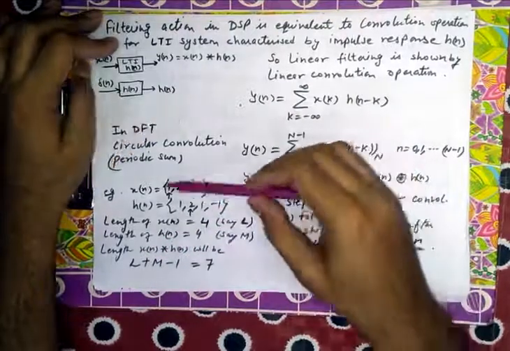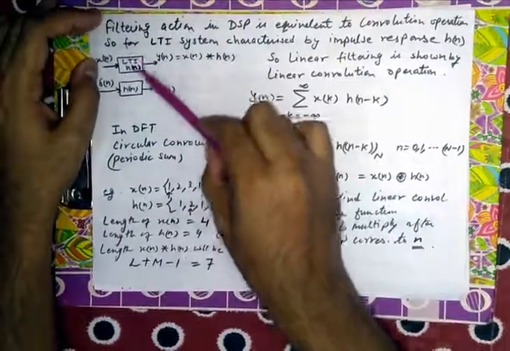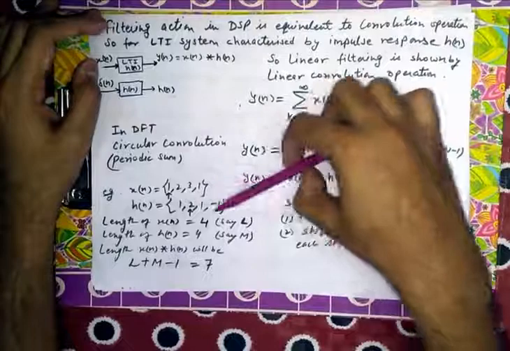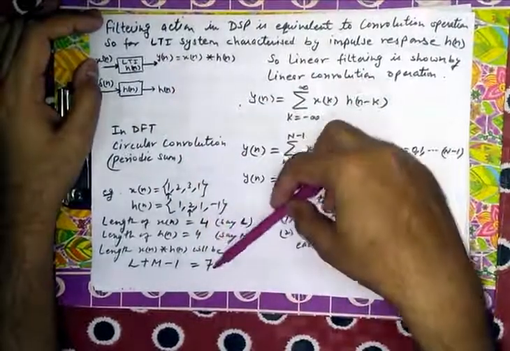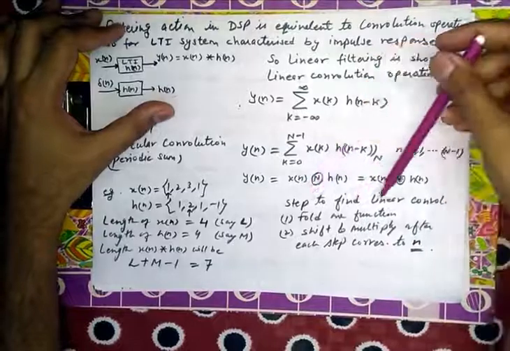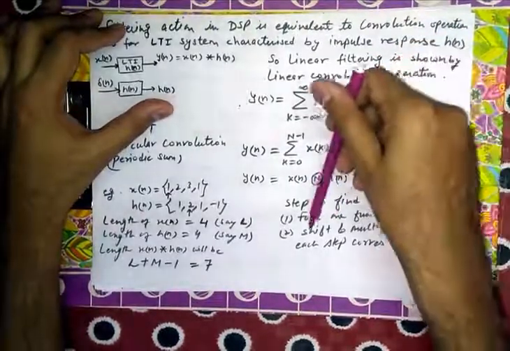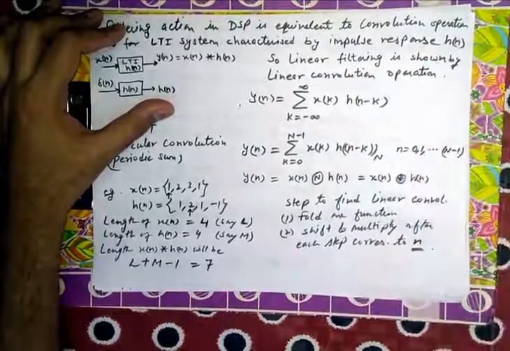When this x sequence passes through the system having this impulse response, the output must have 7 samples. The steps to find linear convolution: first we fold the function, then we shift and multiply after each step.